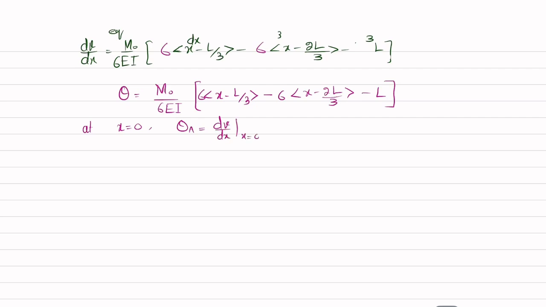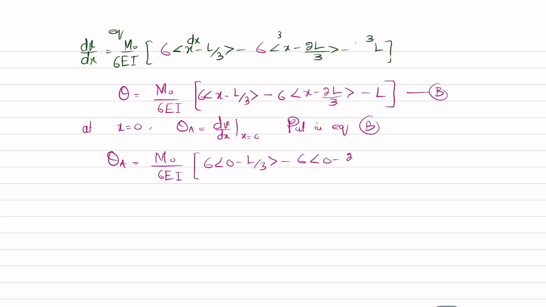So put the value of x in this equation B. So what we will get is theta A will be equal to m naught over 6EI into 6 into 0 minus L by 3 minus 6 into 0 minus 2L by 3 minus L.